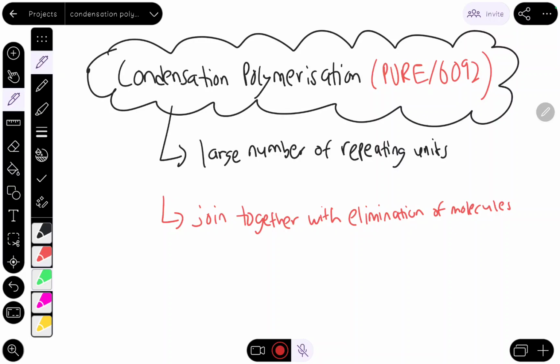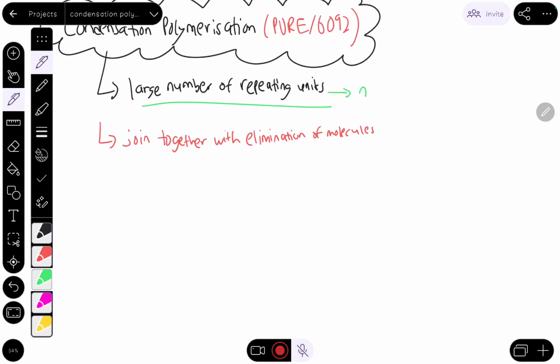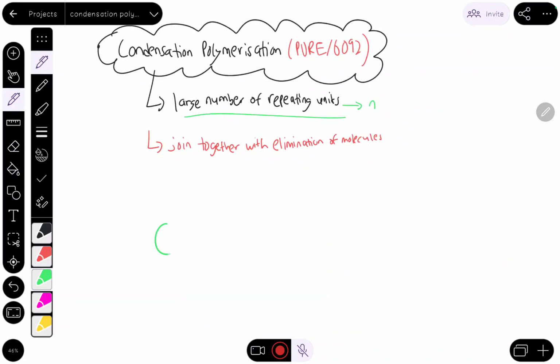So what do I mean by a large number of repeating units? Let's call this n. So basically there are n repeating units. Let's say I give you addition polymerization as we learned earlier. Only C=C double bonds will happen. This is ethene, with the formula C2H4.